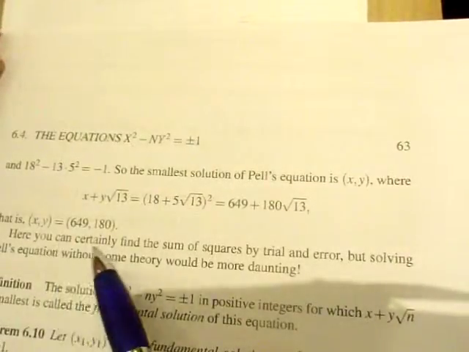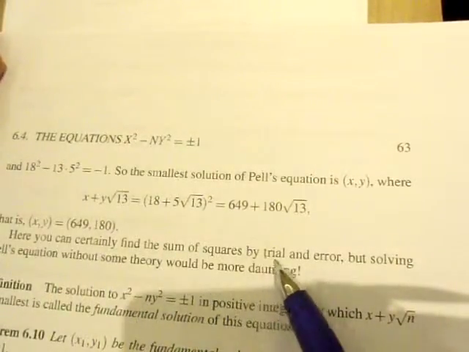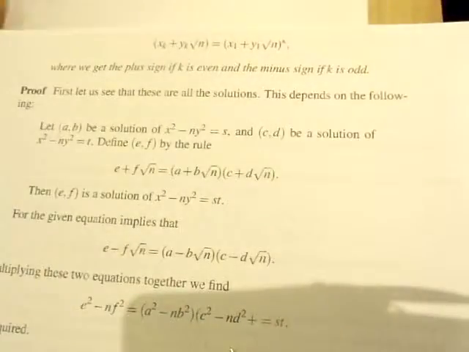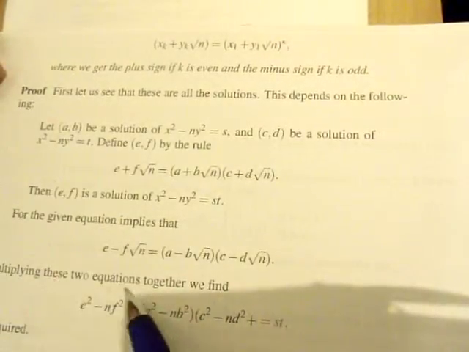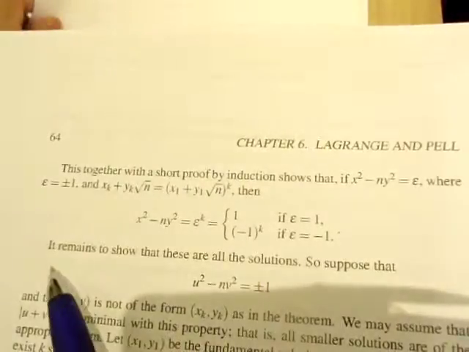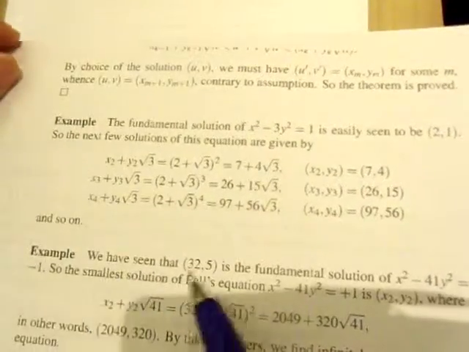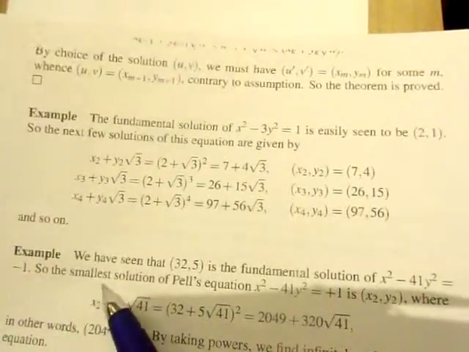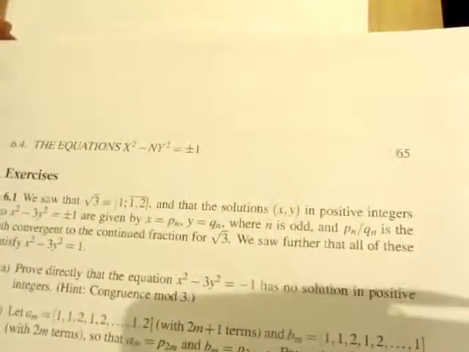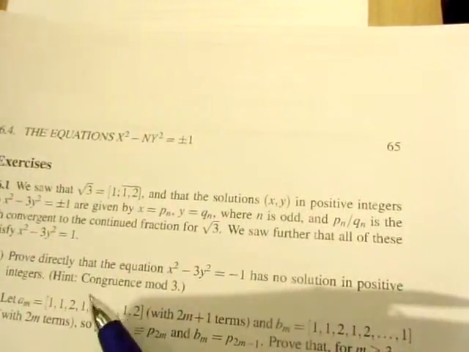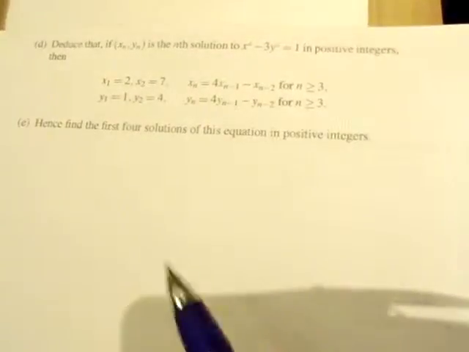To right square we add here, we can certainly find some of the square with trial error. Multiplying these equations together, we found it remains shows the solution. We suppose we have seen the fundamental solution, so smallest solution equation. Prove the direct equation and non-possible. Hence, we first solution equation possible integer.